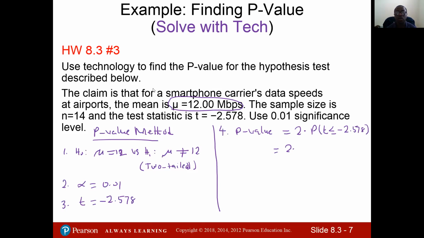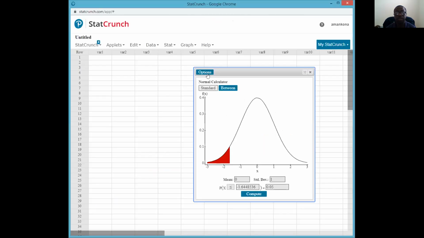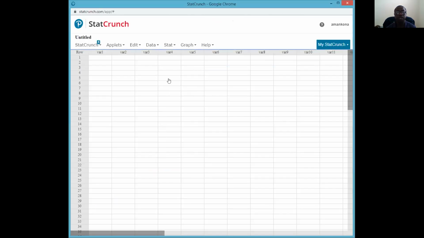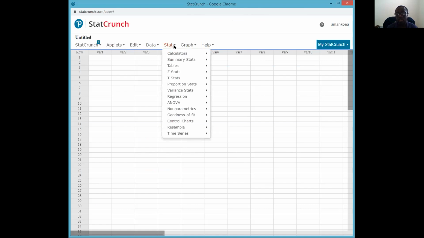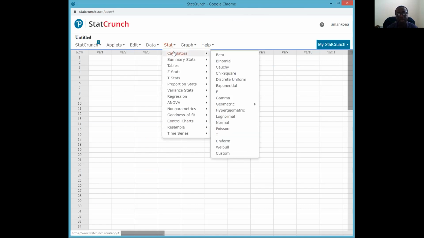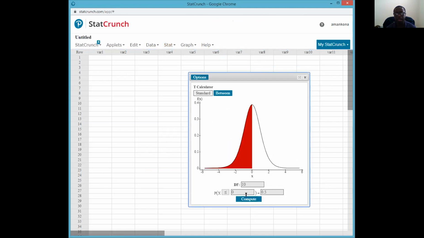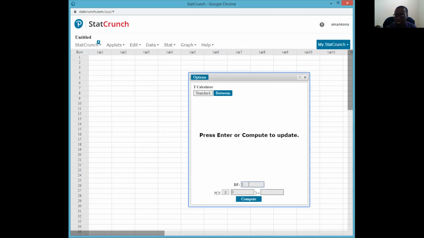All right, so I go back to my StatCrunch. Now this time I use the t distribution. So Stat, Calculators, and then t distribution. What's my degrees of freedom? It's 14 minus 1, so that's 13. What's my test statistic?